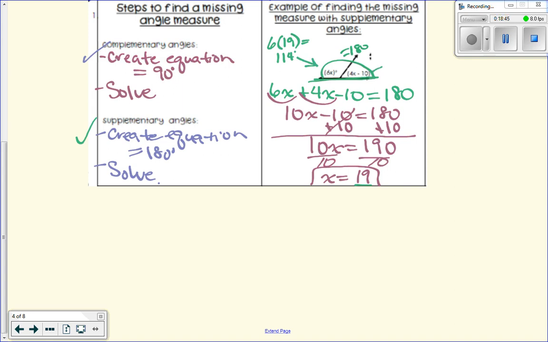And for this angle, 4 times 19 minus 10 is 66 degrees. To check, 66 plus 114 should give me 180. Good.